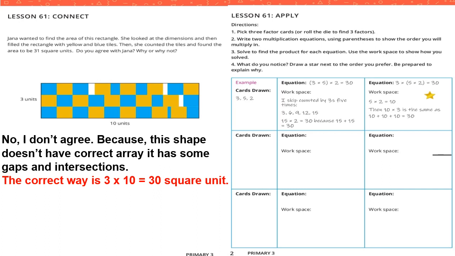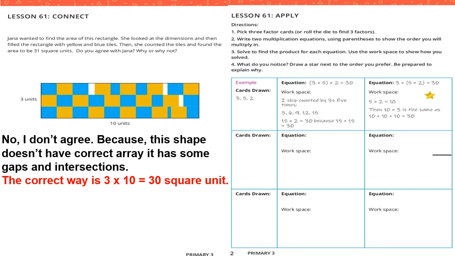We know that we have on the long side 10 units, and on the short side 3 units. How to find the area without counting? We can multiply rows by columns, or the long side, which is length, by width.